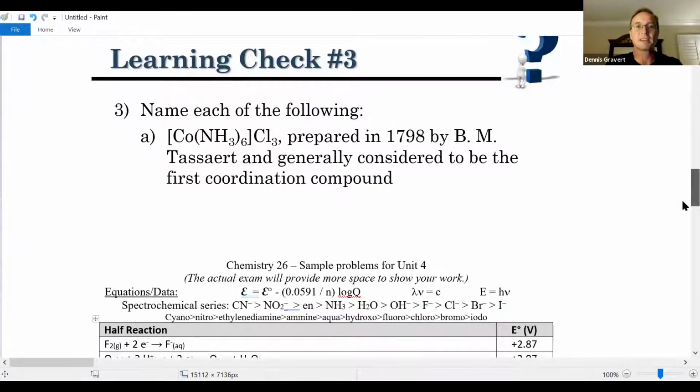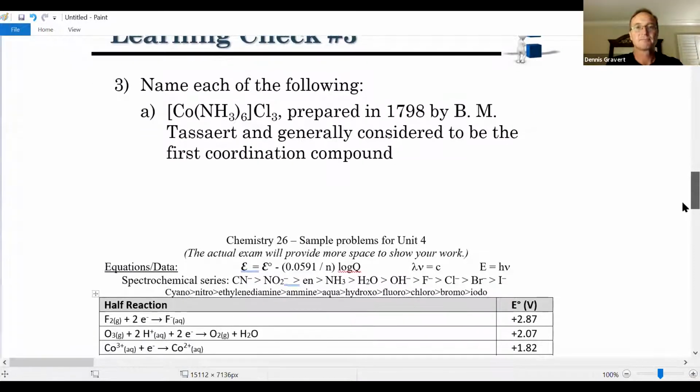Let's name them. Okay, so let's name this thing. When you name it, it's reversed now. You want to put the ligands in alphabetical order.